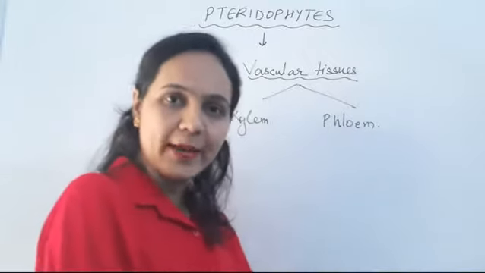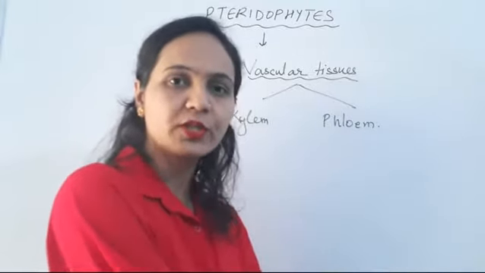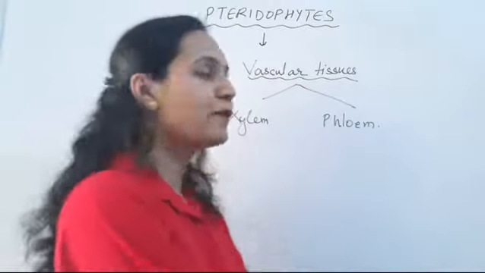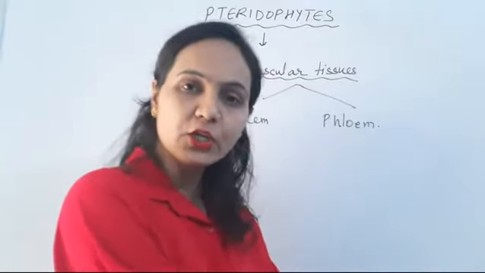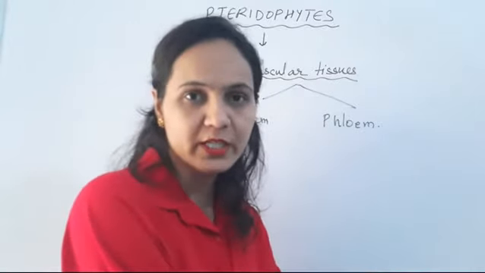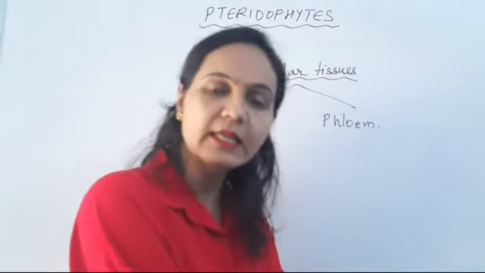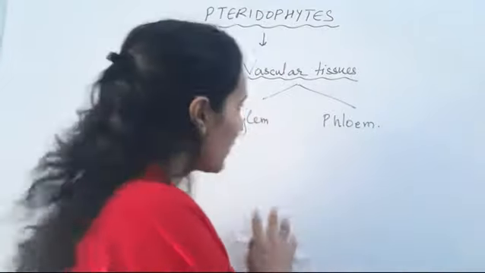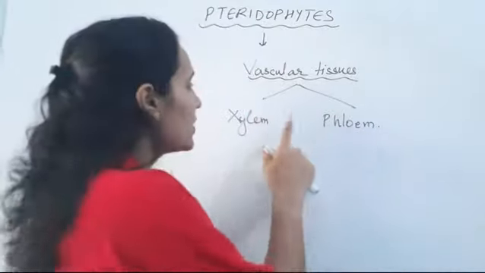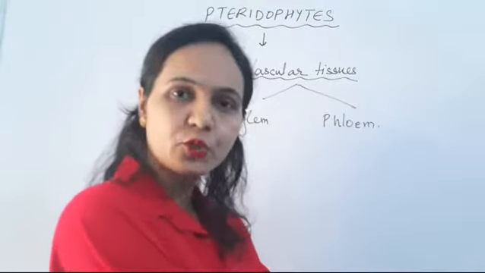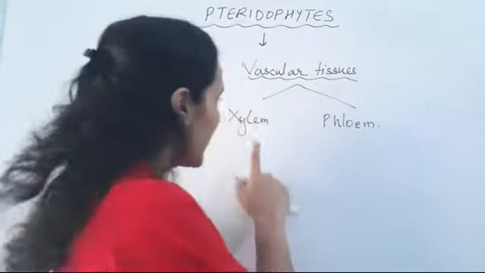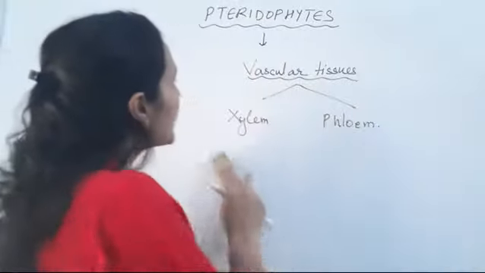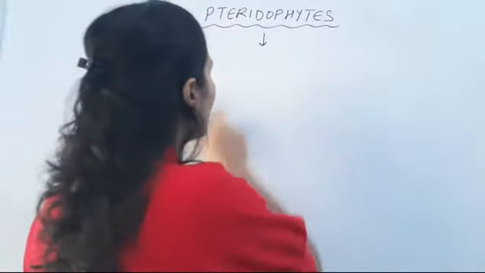From the root it captures the water and transports it to the different parts of the plant in a unidirectional form. Similarly, the phloem is used for the conduction of the food material synthesized in the leaves to the various parts of the plant. Okay, clear, beta? So vascular tissues are required for the conduction of water and food. Xylem for water and phloem for the food. Clear? So these plants have vascular tissues.